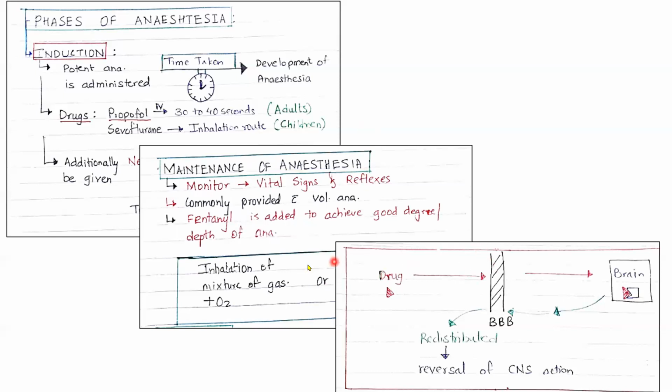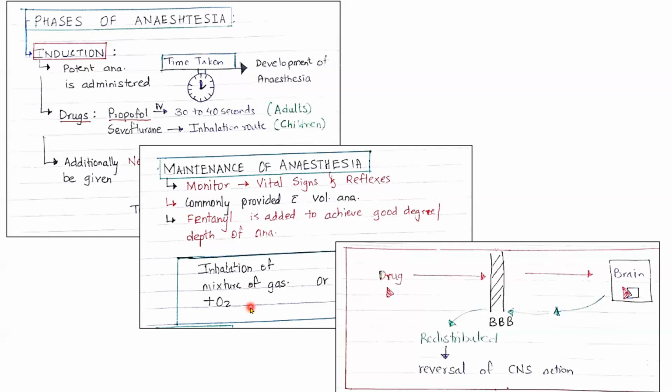Next is maintenance of anesthesia. Maintenance of anesthesia is nothing but you monitor the vital signs and reflexes, because they are of course going to get affected during anesthesia. In this maintenance phase, either you provide by inhalation route a mixture of gases and oxygen to the patient continuously, or you give intravenous infusion of some other anesthetic agents.